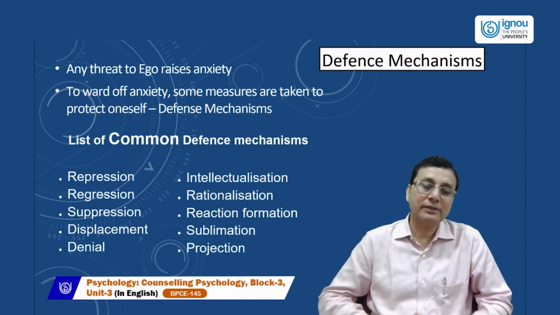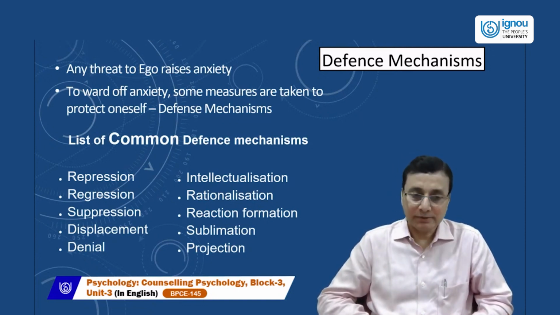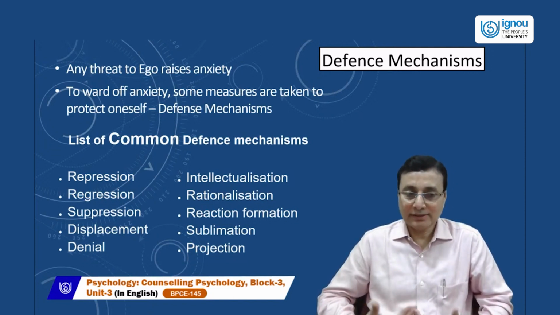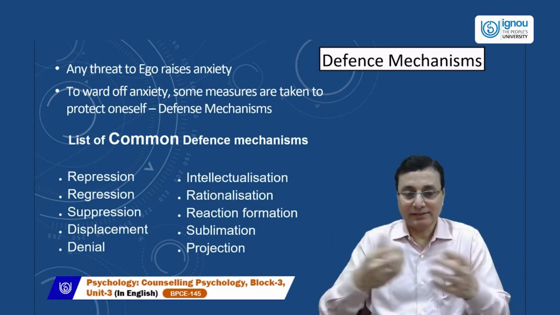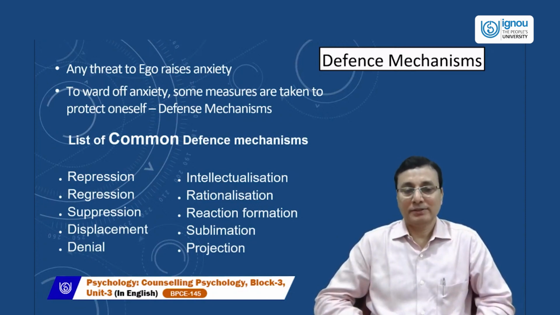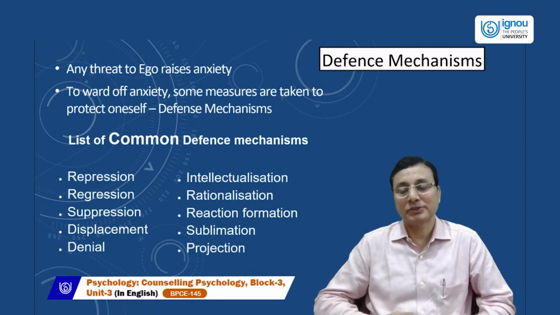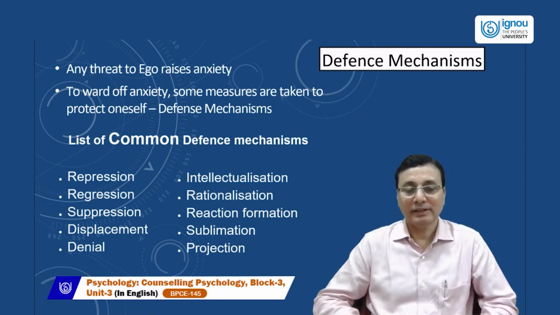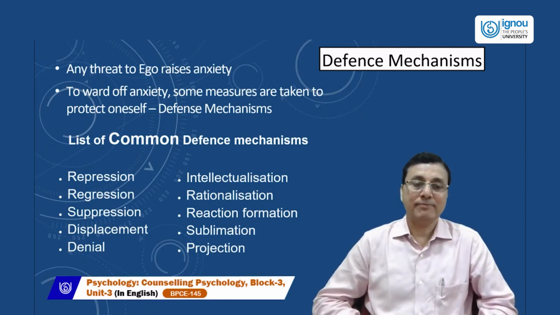Projection is very commonly seen in psychotic patients, even in normal people. Whatever needs you have in yourself, you are projecting on others. Suppose you are a dishonest person, not very honest. So in your talk you always say that others are not very honest. They are lazy. They do not want to work hard.